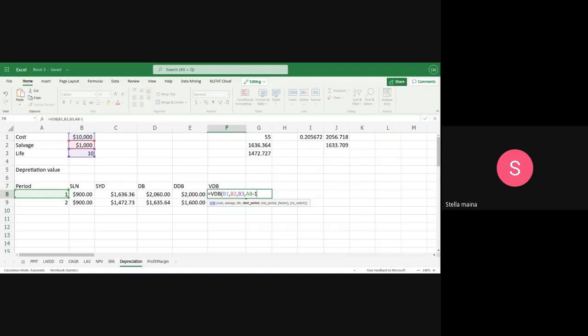And then we will come ahead and say our end period is A8, to just calculate the value for the period before and the period after. So if you go to the second one, it will make a little bit of sense. The first one will, of course, amount to 0. So if we do that, you see it comes to 2,000. Okay.